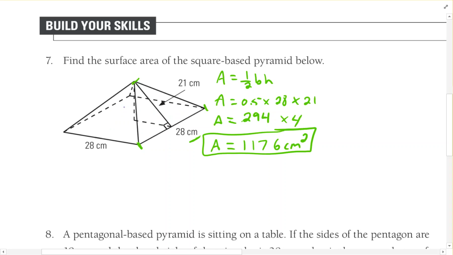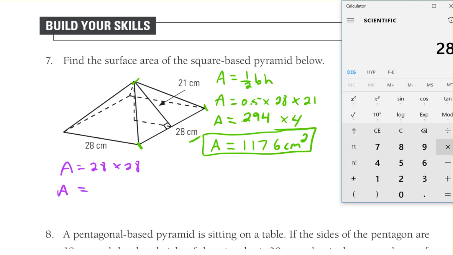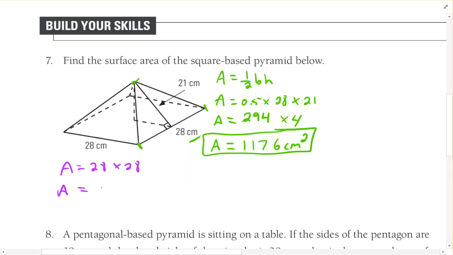And now for the bottom part, that's just the area of a square. So the area of a square is just base times height. So we'll go 28 times 28. So the area of that, 28 times 28, 784 centimeters squared. And now finally, if I want the area for all of them, we just add those two together.